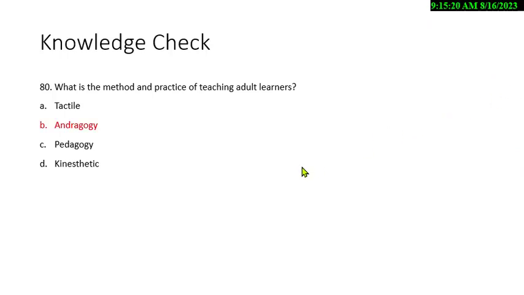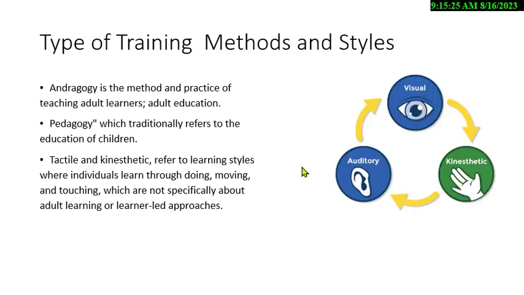It's a tough question. Andragogy is the method of teaching adults; pedagogy, I'm probably saying it wrong, is working with kids. Tactile learning is where you learn by doing and touching, or kinesthetics. You'll hear that word, kinesthetics, where people show how to do it hands-on. I do the job, you do the job. I show you how to lubricate the part, you lubricate the part.